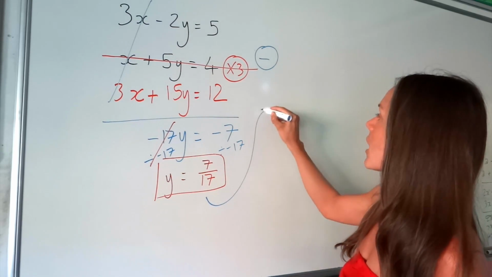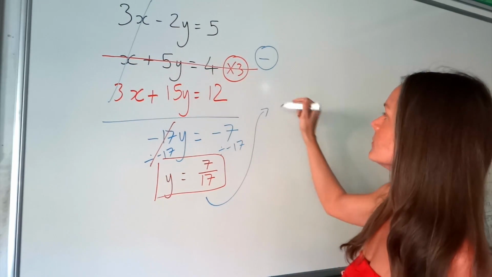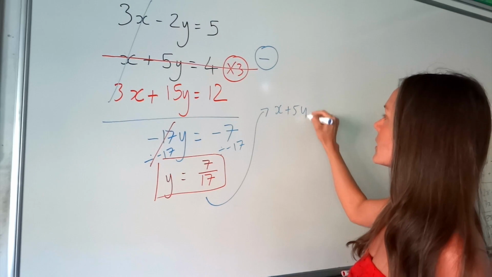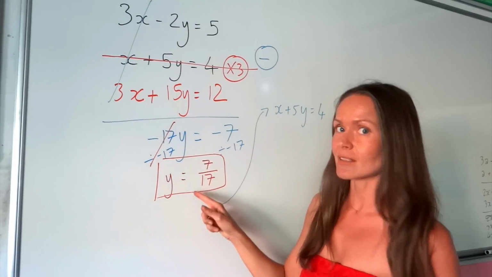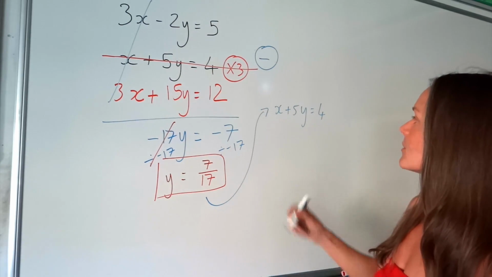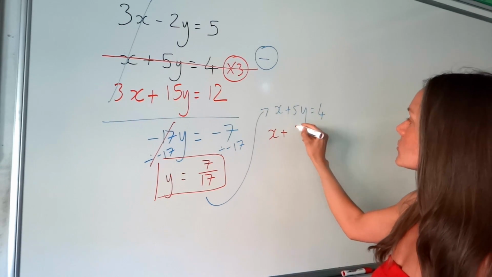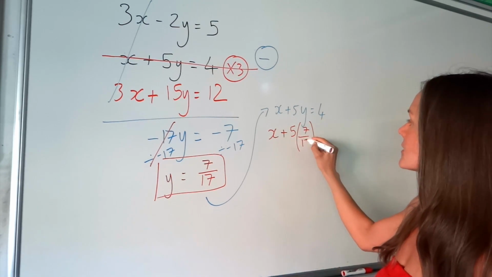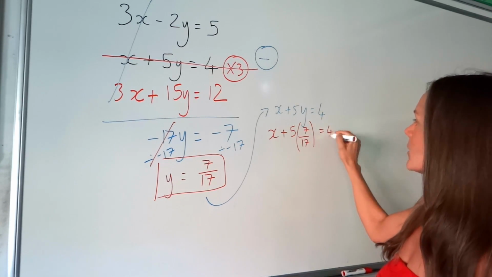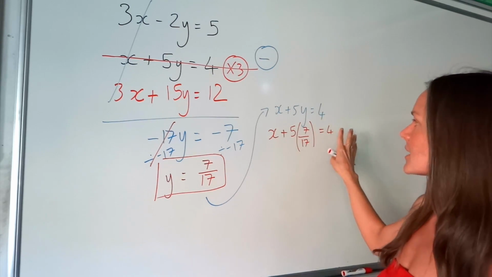So, I'm going to write that equation out again. So, x plus 5y equals 4. Now I need to change the y value to this. So everything else stays the same in this equation, but when I get to the y, I need to insert 7 over 17.